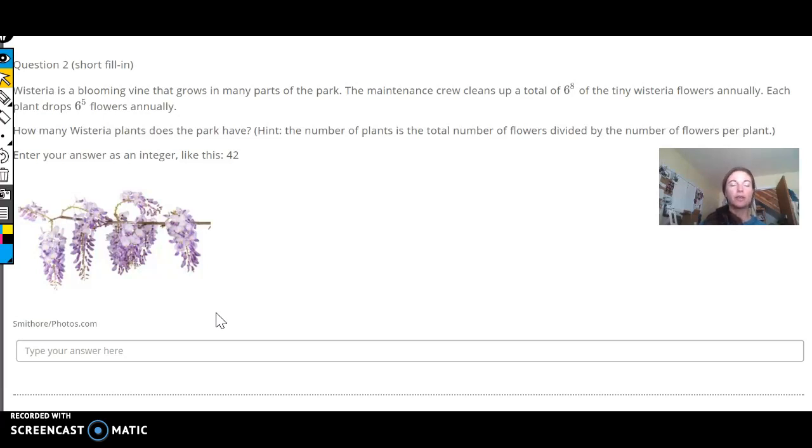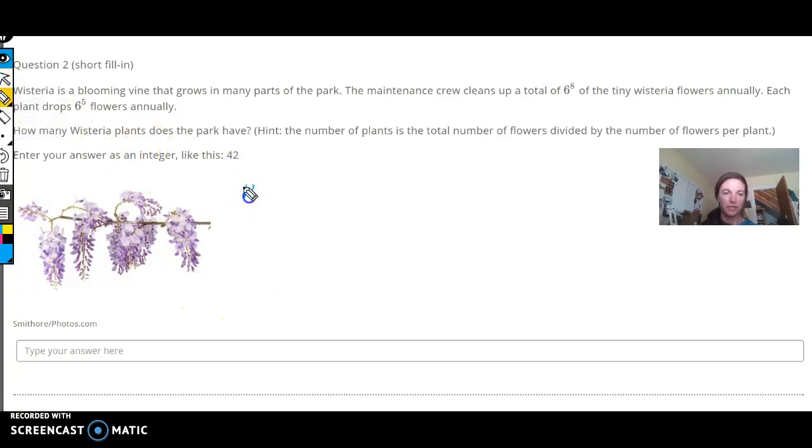Okay, so each plant drops that many flowers, and we know the total number of flowers, and we know the number of flowers dropped per plant. So let's think of this kind of like a unit question. What we're trying to figure out is the number of plants.